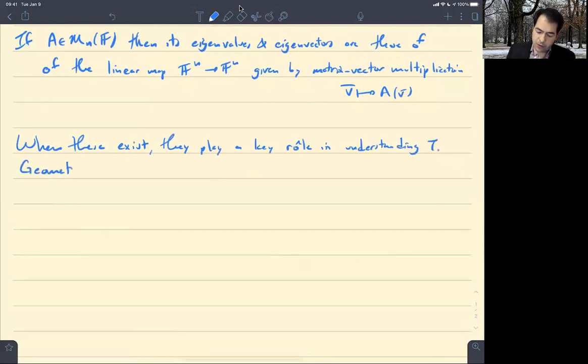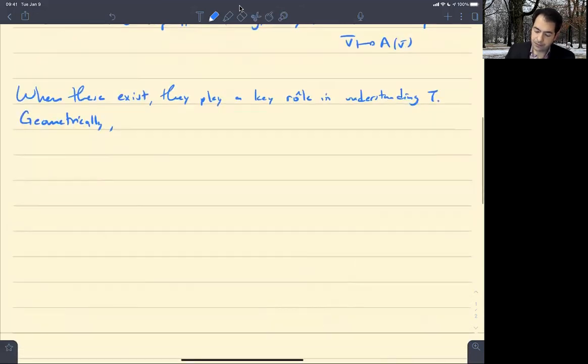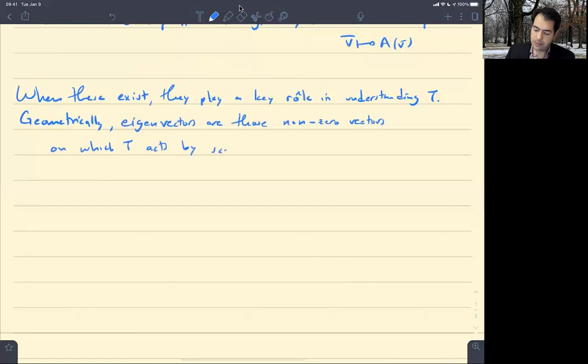So geometrically, what's going on? Geometrically, eigenvectors are those non-zero vectors on which T acts by scalar multiplication.